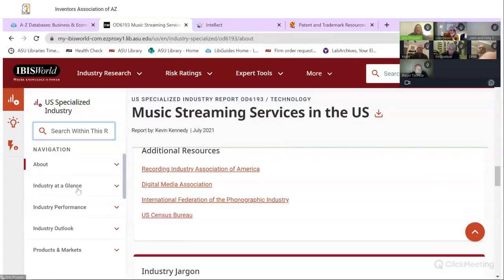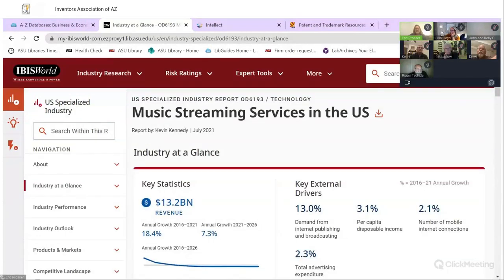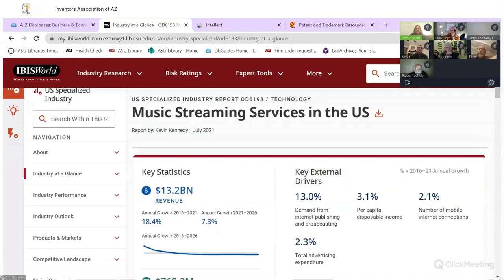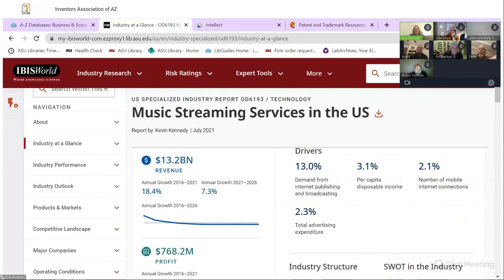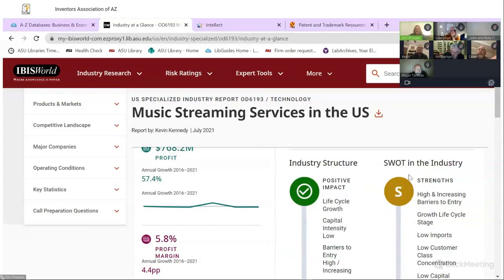And then if we go over here, we can look at the industry itself, and it starts giving us some of the key statistics of the industry. So, what's going on in terms of aggregate revenue? What was historic growth? What is projected growth? Often they'll have a SWOT analysis for the industry.